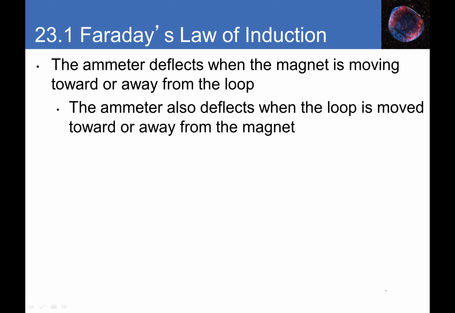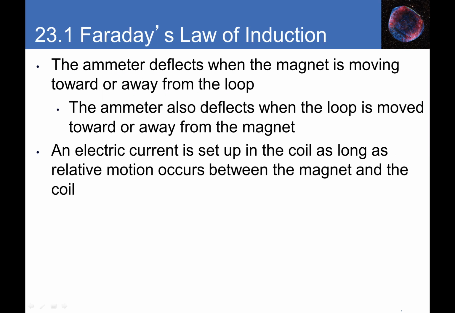There's relative motion between the two, and electric current is set up in the coil as long as the relative motion occurs between the magnet and the coil. That means a loop of wire can have electric current as long as you keep moving the magnet relative to that coil of wire. If you move the magnet back and forth, like forever, right?